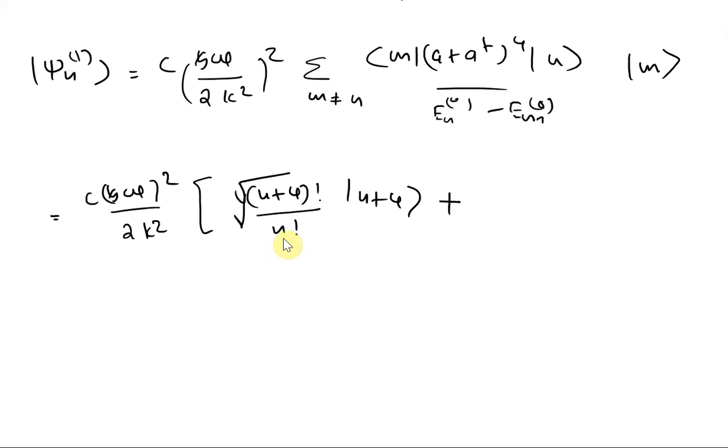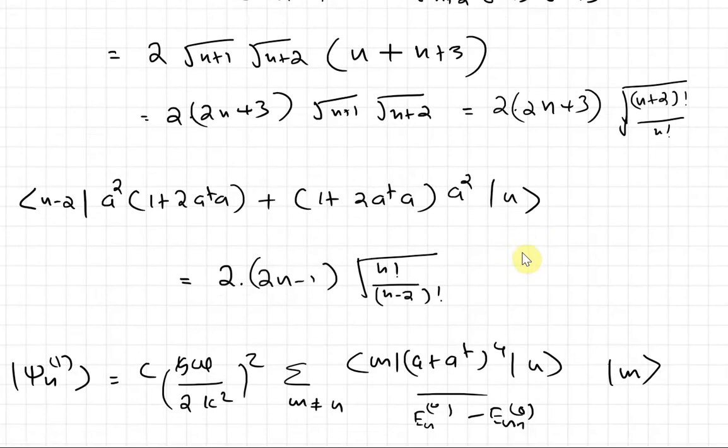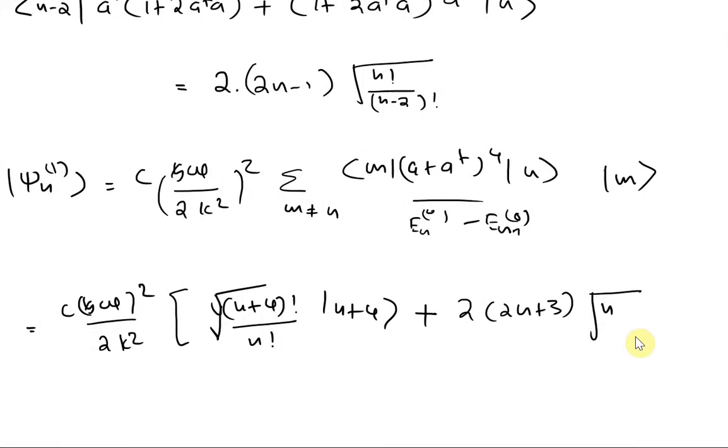corresponding to the n plus 2 state, which is 2 times 2n plus 3 into a similar term, root n plus 2 factorial divided by n factorial, which corresponds to n plus 2.